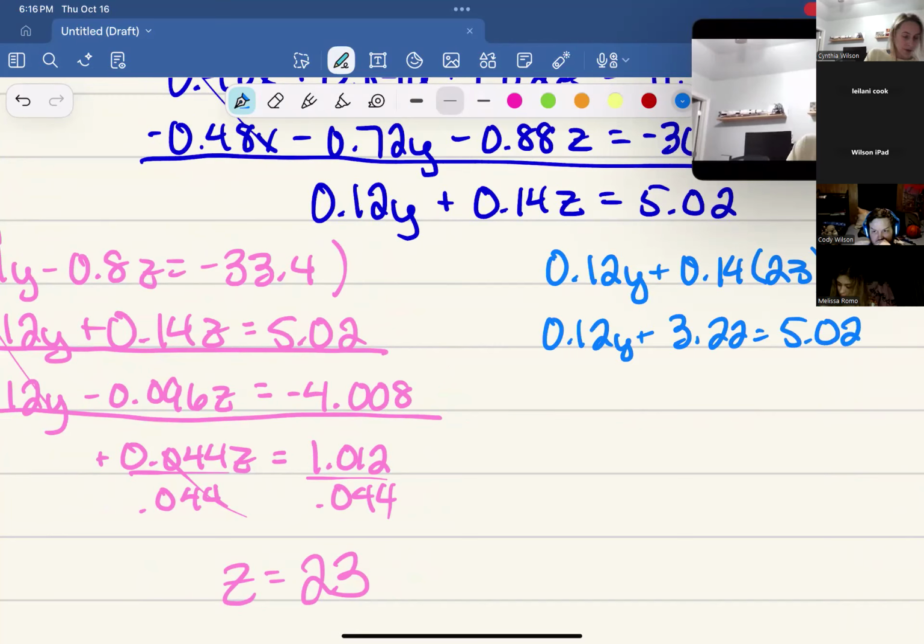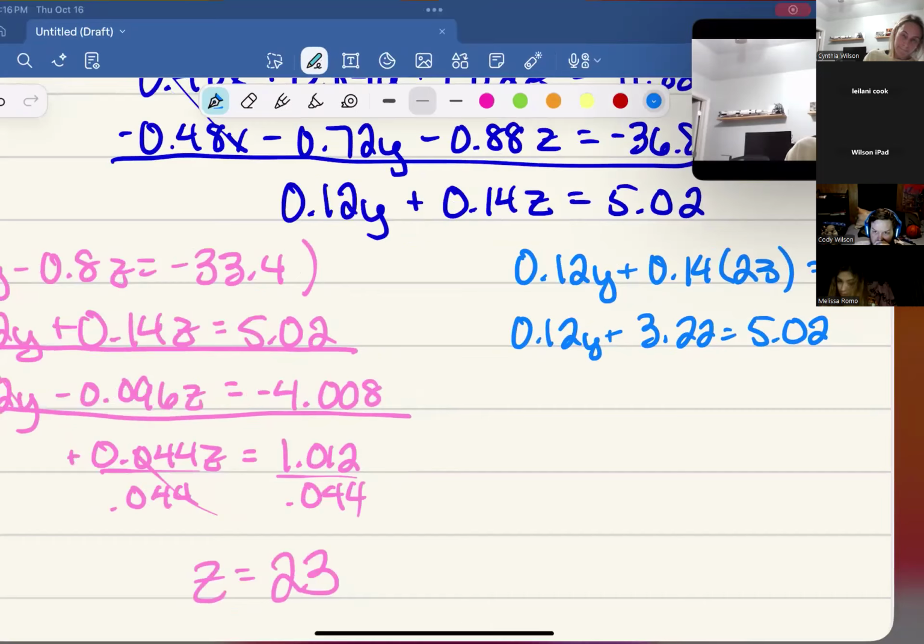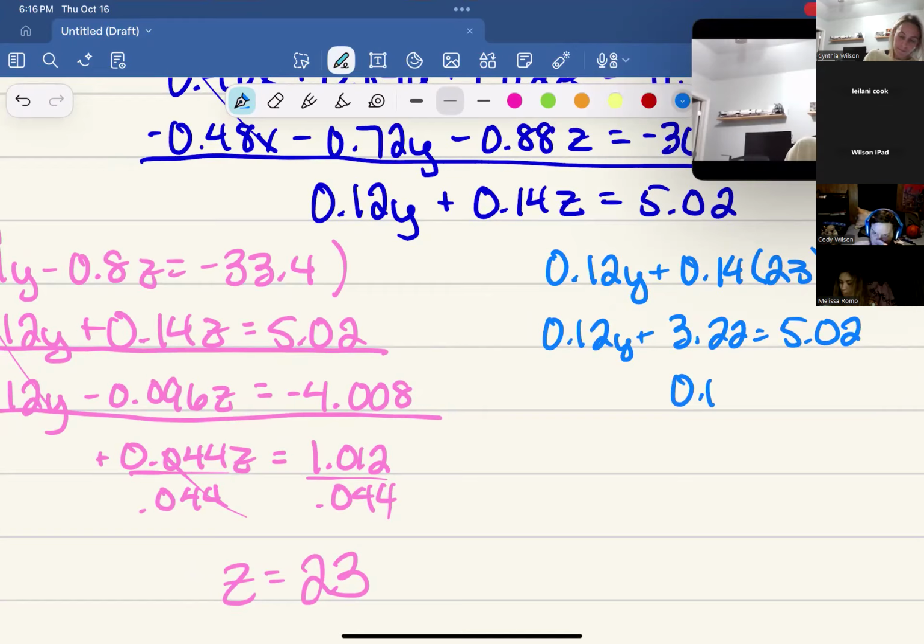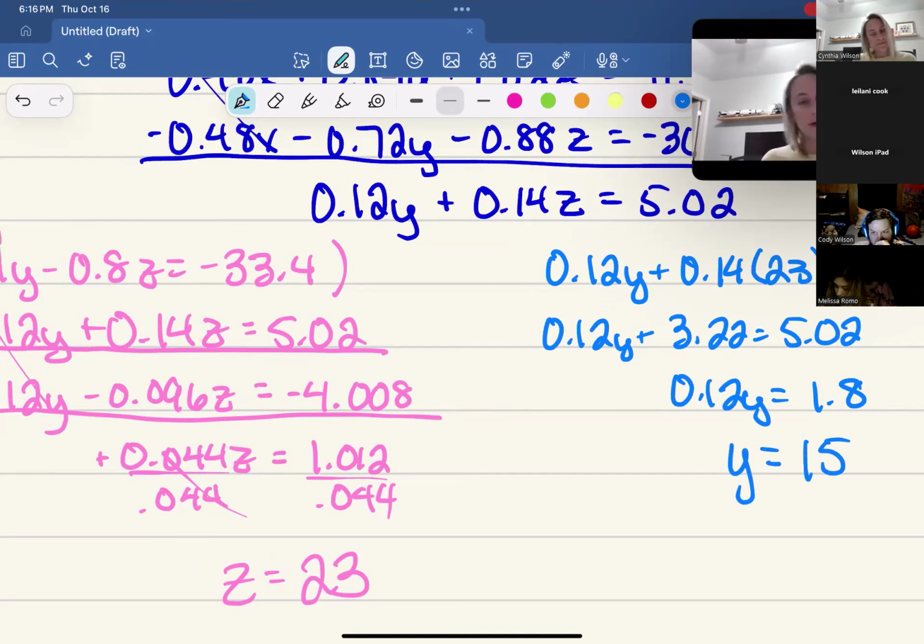And then take 5.02. You're solving for y at this point. And then we get y equals 15 when we divide.